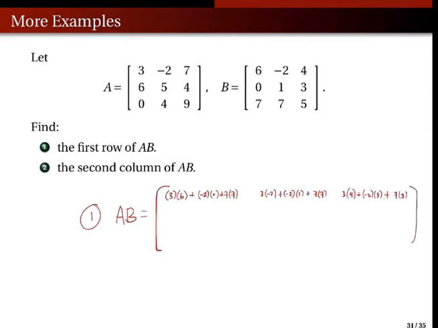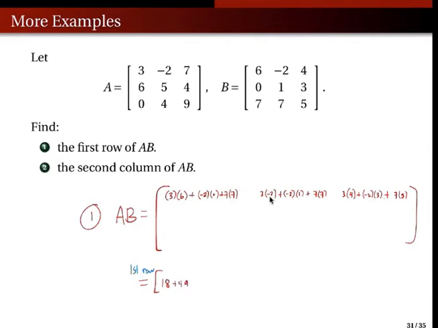Okay? So you have that big matrix, but you are only interested in the first row. Anyway, let us just simplify this. First row, you have 18 plus 0 plus 49.